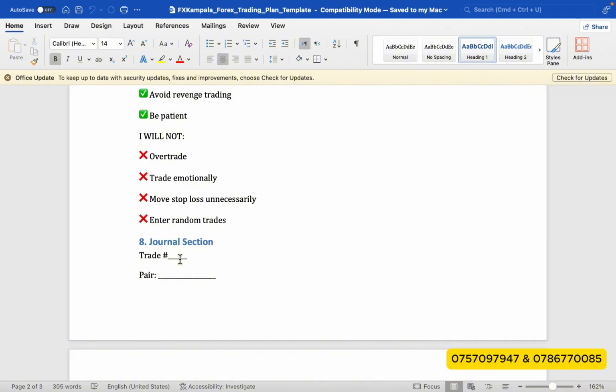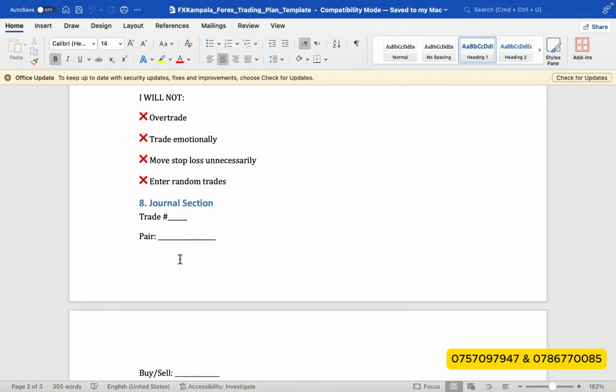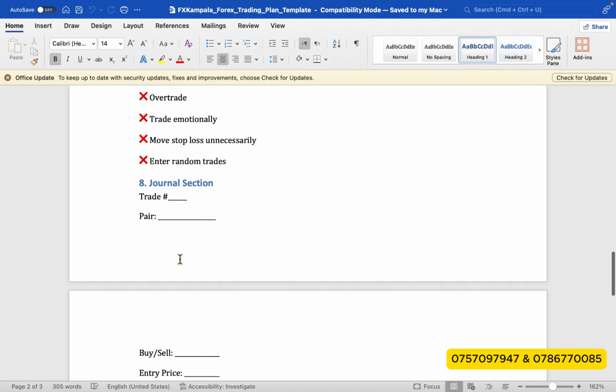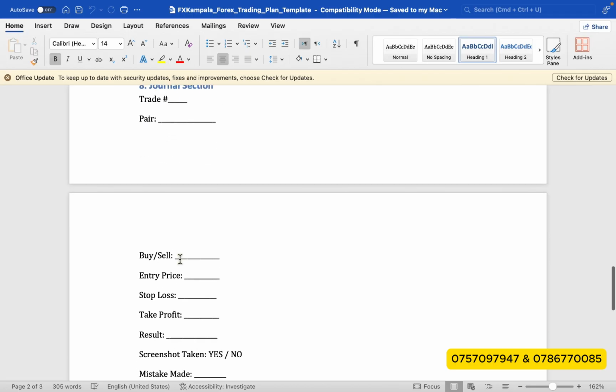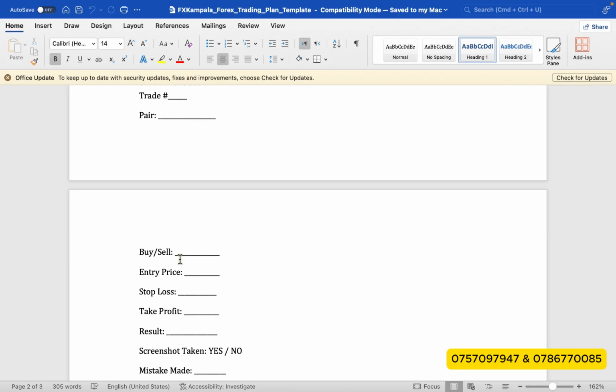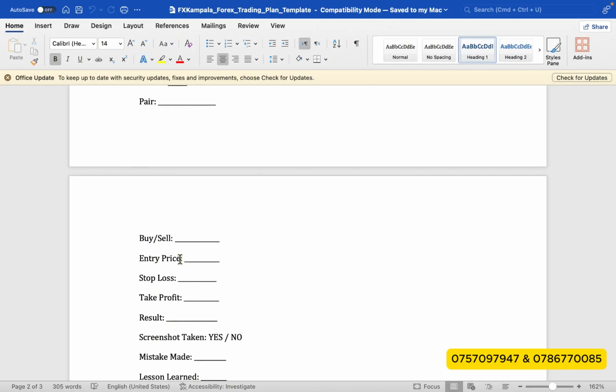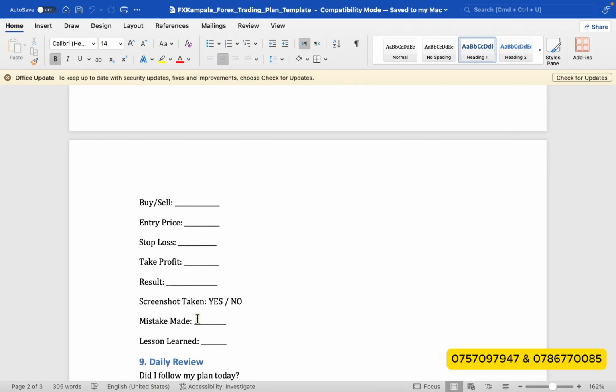Okay, you give it a hashtag, then you specify the pair that you traded, whether it was a buy or a sell. This is for every individual trade you happen to enter. You put the entry price, the stop loss, take profit, and the result after it's actually closed. Was it a positive? Was it a loss?